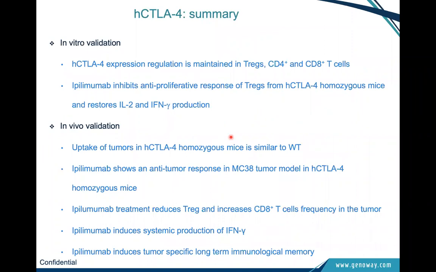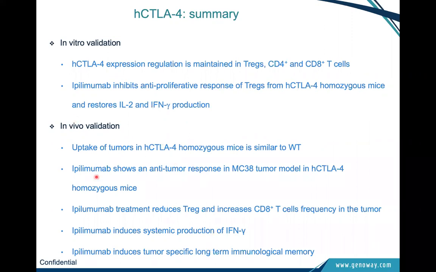So to summarize, that model expresses human CTLA-4 in a physiological manner. Its expression can be regulated as it is in Mother Nature. Ipilimumab is able to provide an anti-proliferative effect and a response of Tregs in those mice, and it restores IL-2 and interferon gamma production.